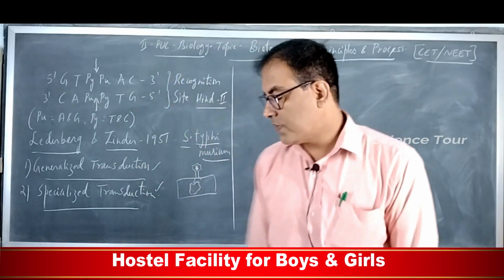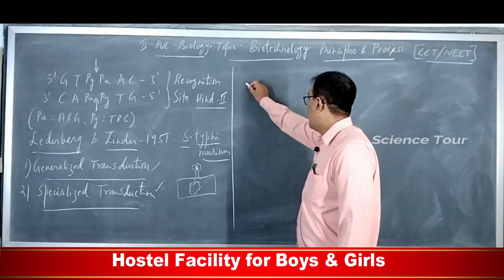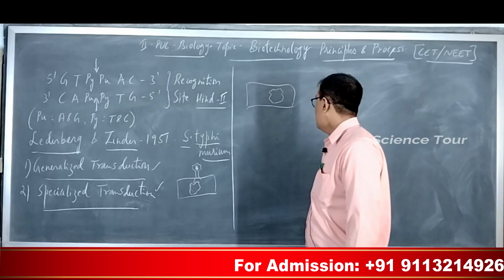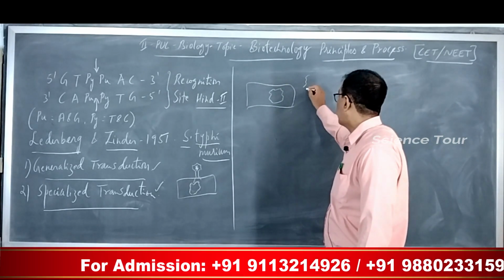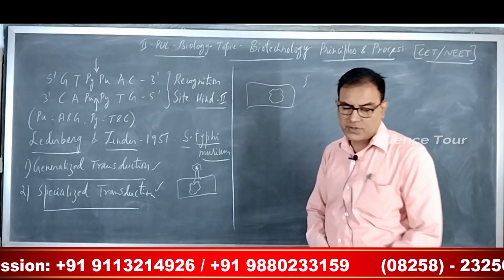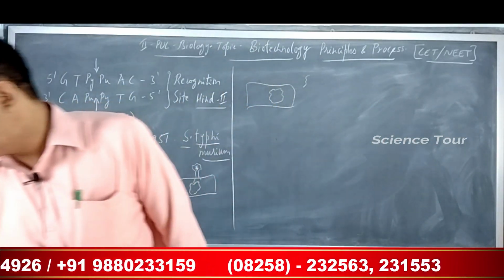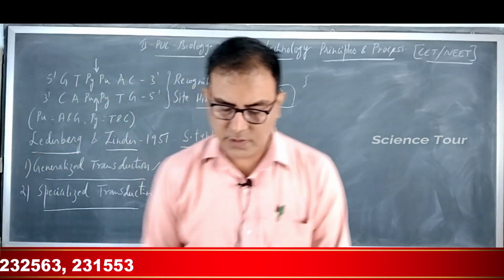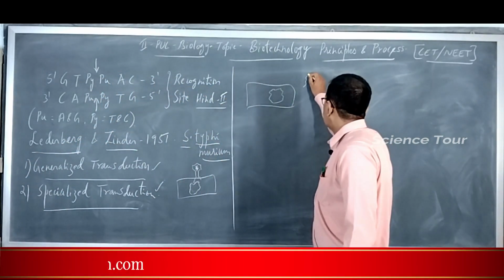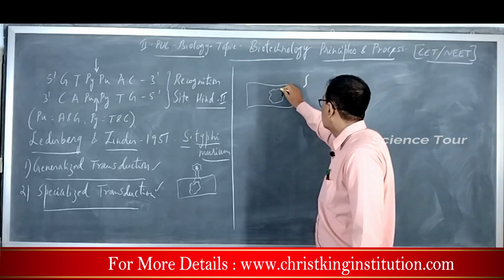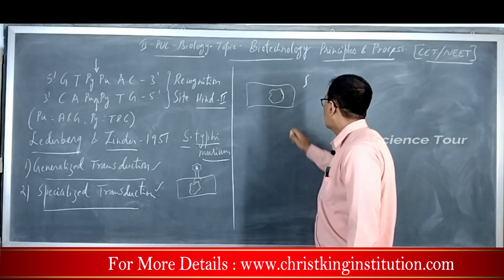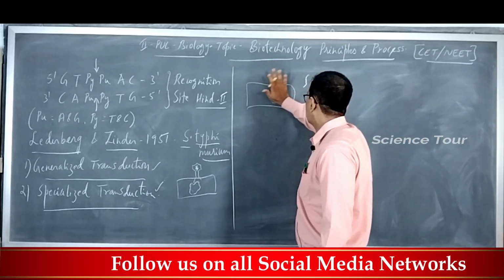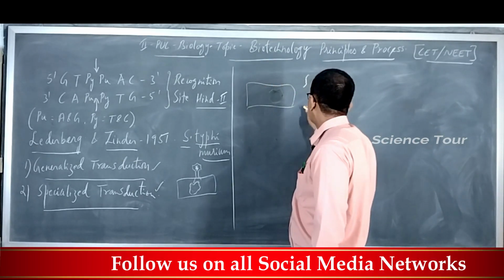I told you, for example, if there is a bacterium with a particular genome, and you want to introduce a foreign DNA or the gene of interest into it, you have to take out this part, correct?